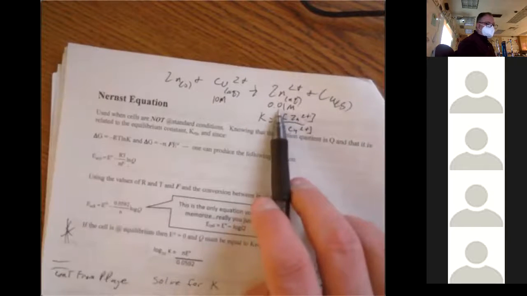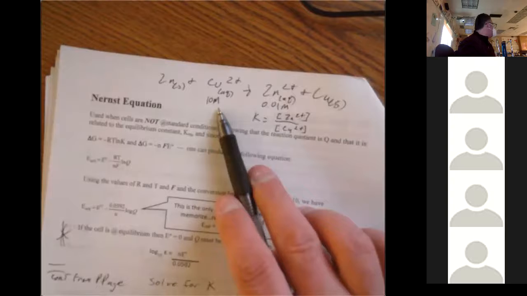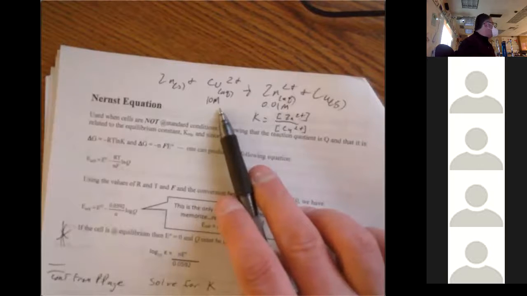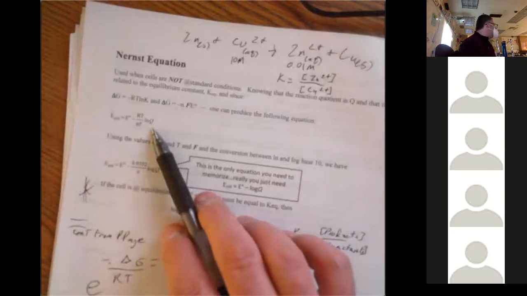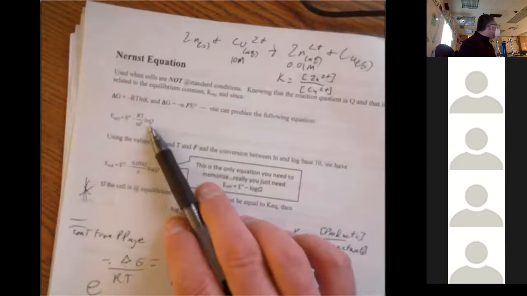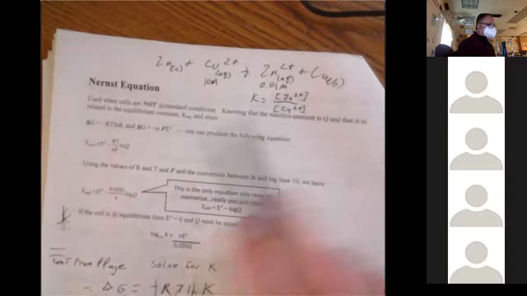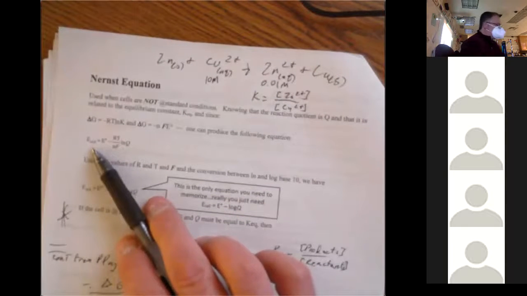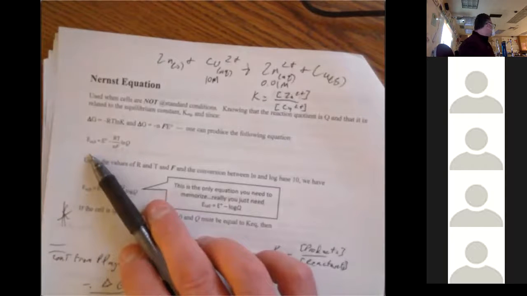So 0.01 divided by 10 is a big number or a small number? Small number. That means it's less than 1. That means the natural log of that is going to be negative. When we subtract a negative, we are actually adding. So if we're favoring the products, then the cell potential is going to be greater than it normally would. This makes sense?